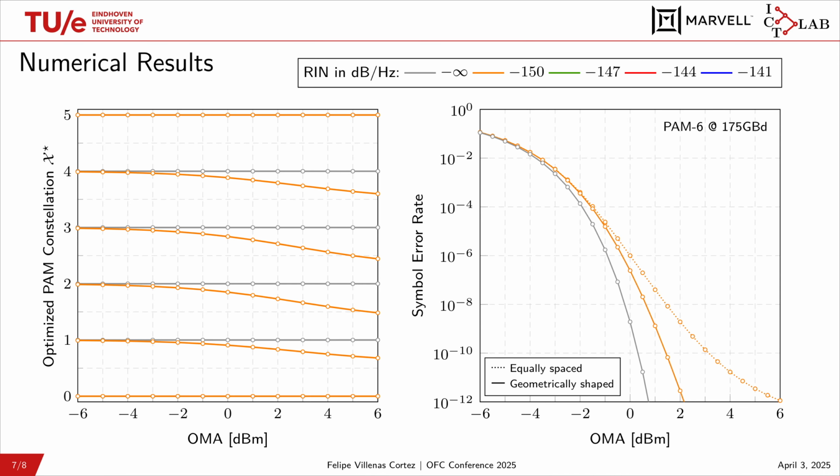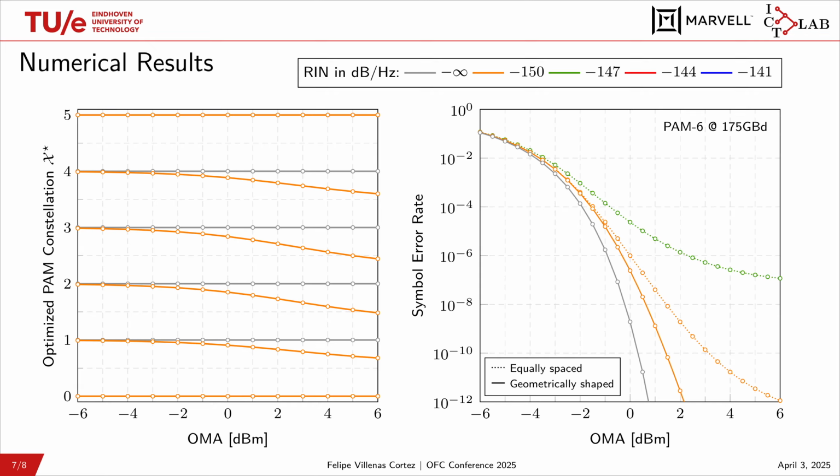When we apply the geometric shaping optimization, we obtain a constellation that looks like the one on the left. We can see that the four inner symbols start to deviate towards lower amplitude values. If we use this constellation, we obtain the symbol error rate on the right, which improves and tends closer to the gray curve, which is the AWGN channel.